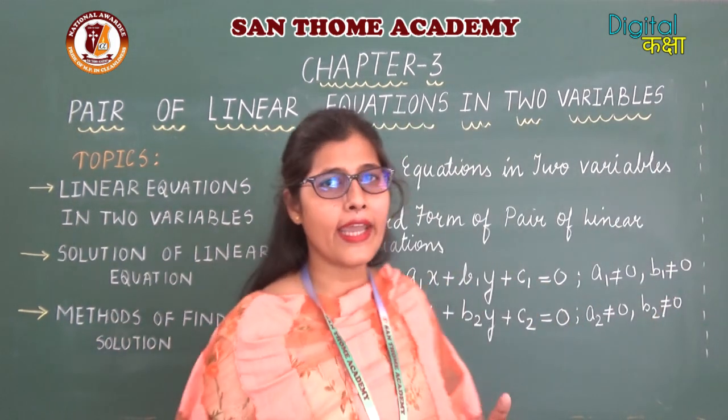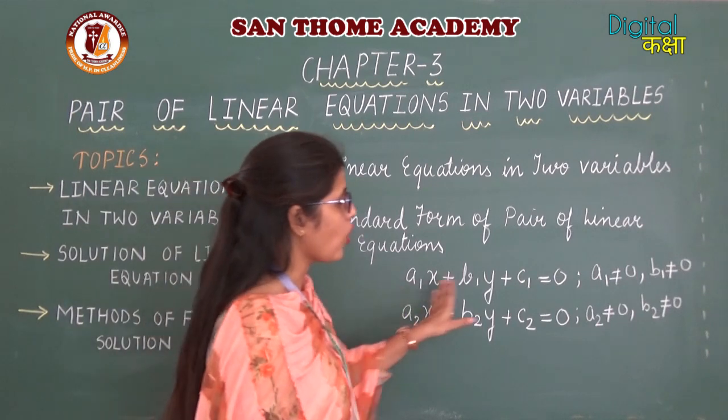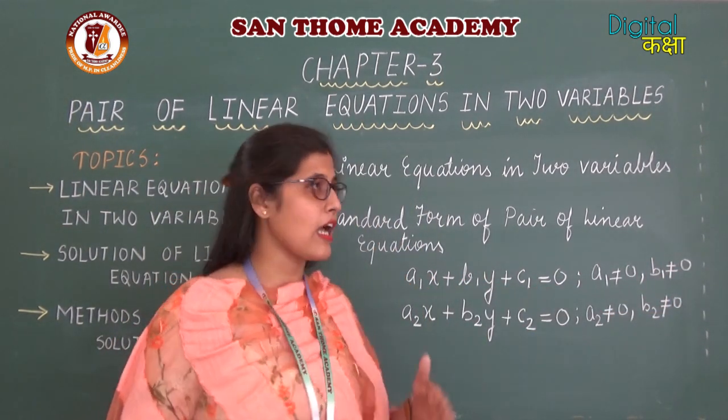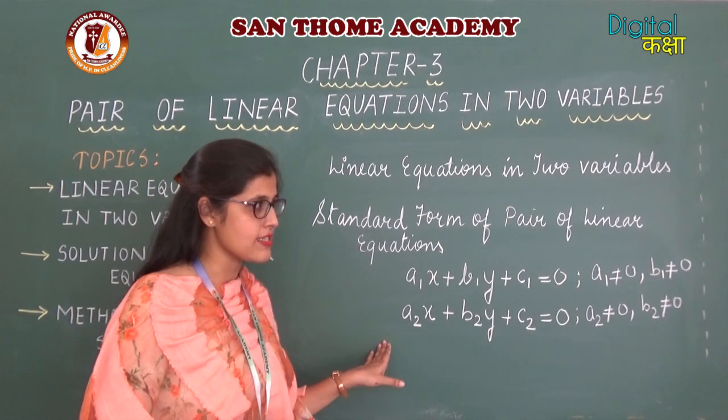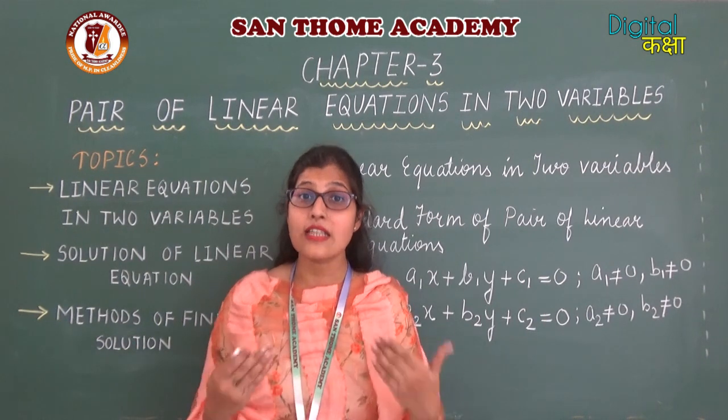Here a, b can be any real number, but its value should not be equal to 0. These are the pair of linear equations. Now we need two equations for finding the solution.